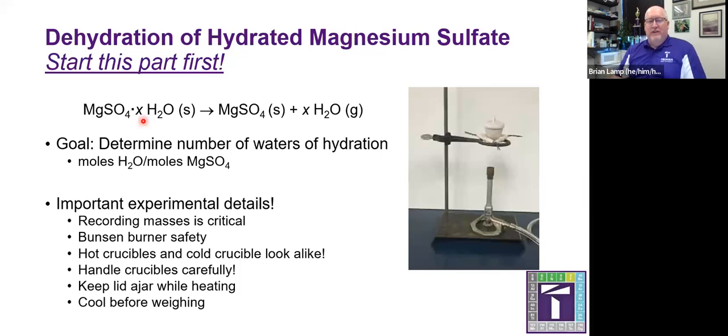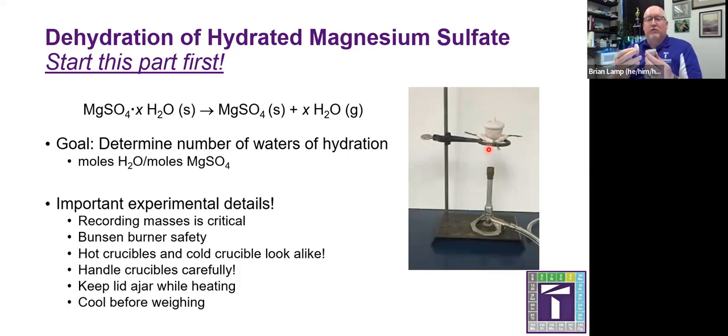So all of the heating will be done inside a crucible. And you can see a figure on the right here that shows what our experimental setup is going to be. We'll have a crucible, which is a little porcelain container that we will weigh some Epsom salt, some magnesium sulfate hydrate into.